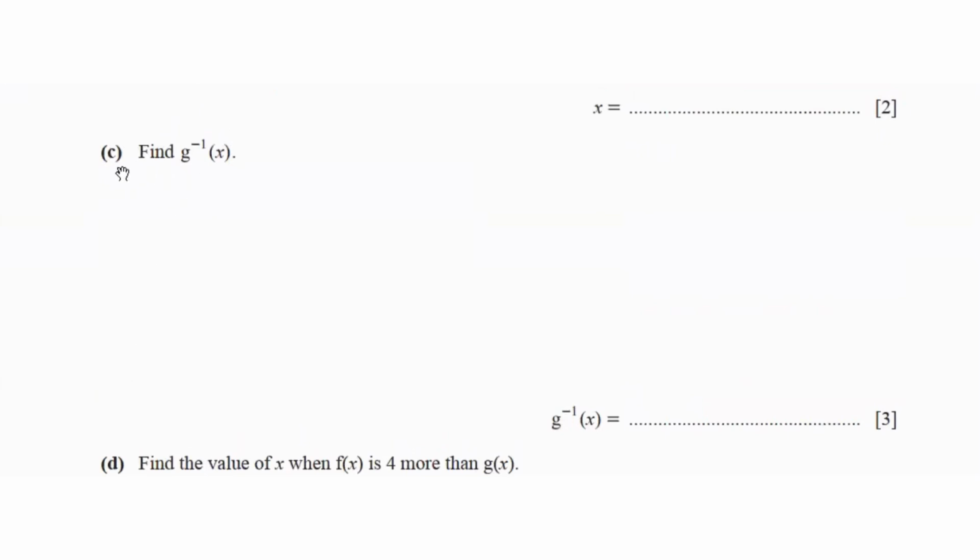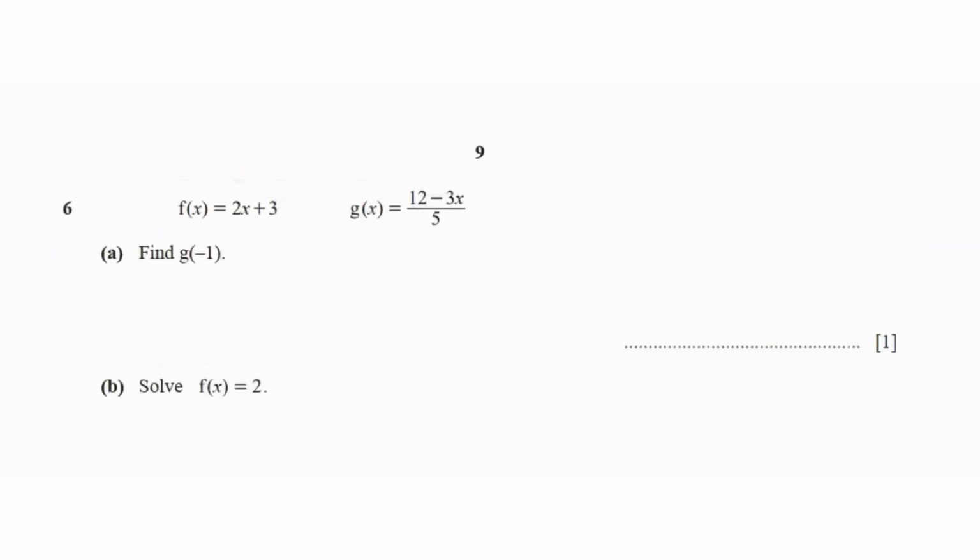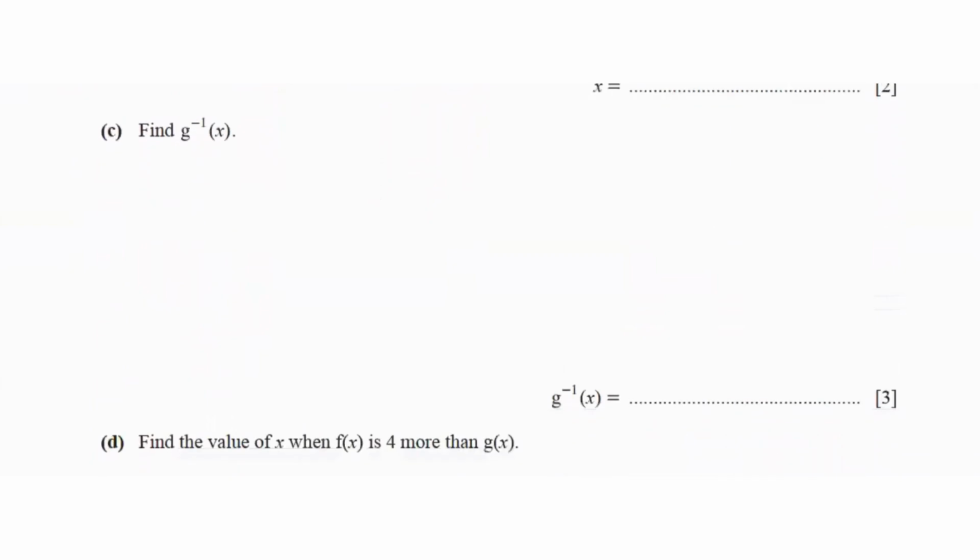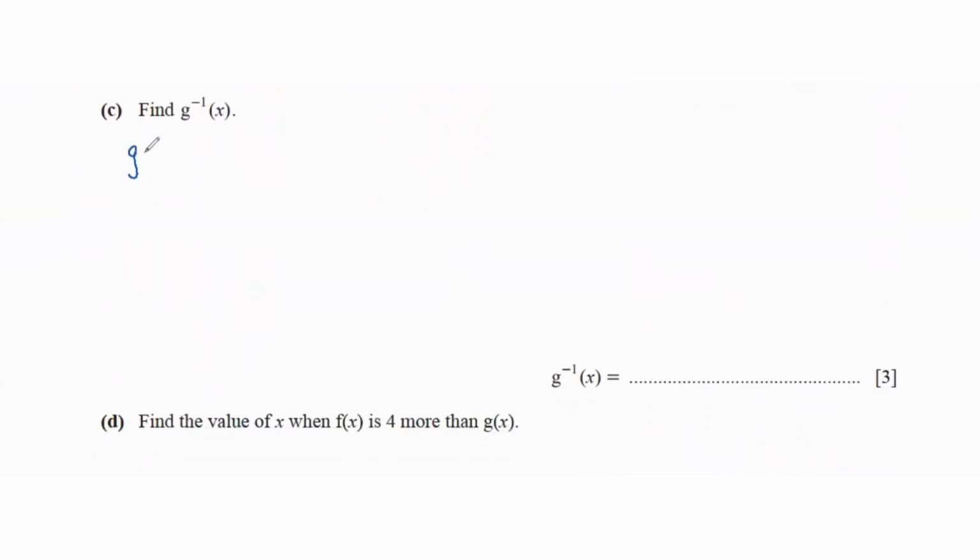Part C says find g inverse of x. So g of x is 12 minus 3x over 5. I'm going to put the function equal to y first. Now, right now, the function has y as the subject. We're going to make x the subject. So we multiply 5 with y and get rid of the fraction.